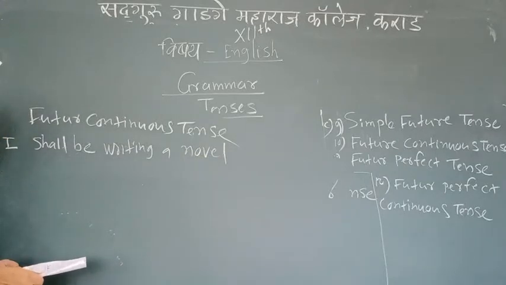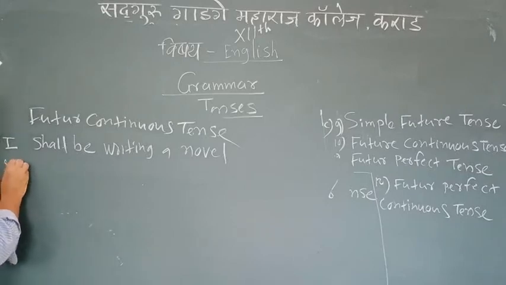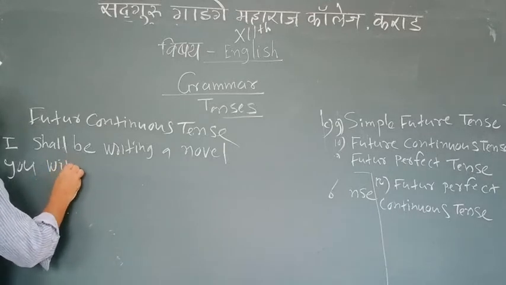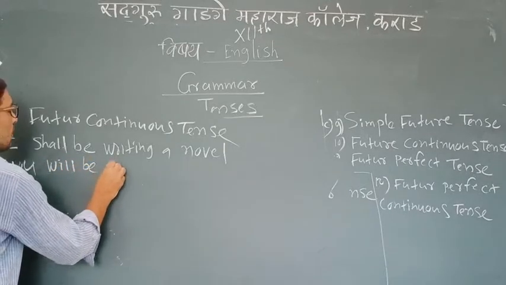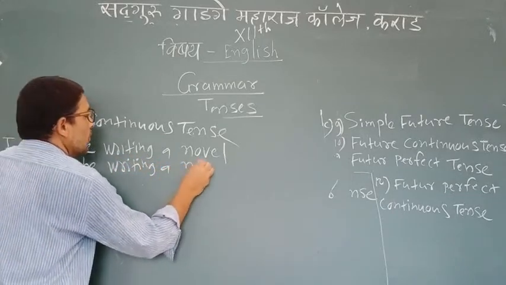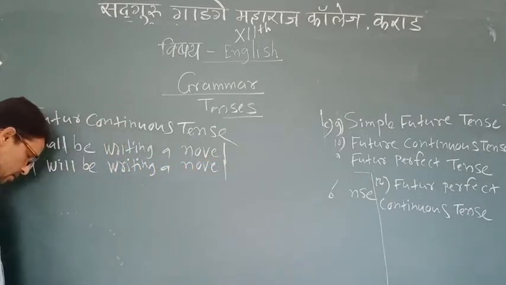Then you take you as a subject. You will, instead of shall you have to use will. You will be writing a novel.